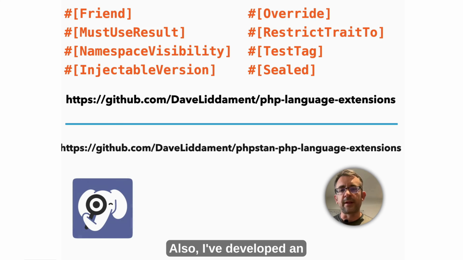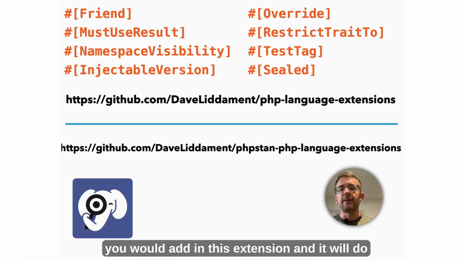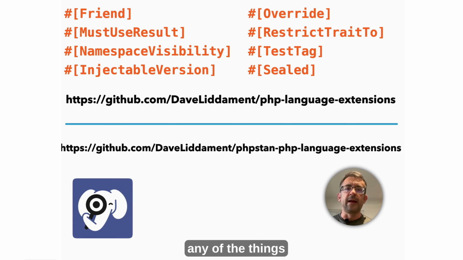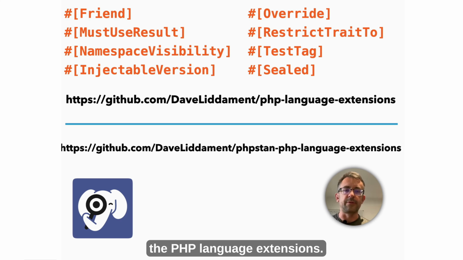I've also developed an extension for PHPStan, which you can see here. If you're using PHPStan, you would add in this extension and it will do all the validation required to make sure we're not violating any of the things given by the new language features, by the PHP language extensions.